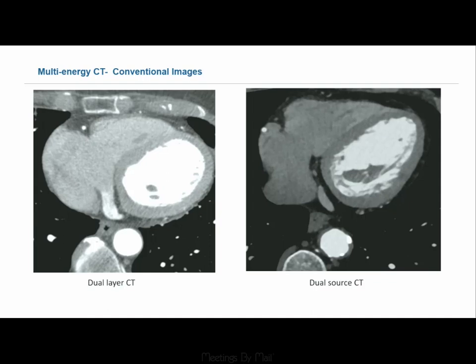For example, the dual source uses a blending of high and low energies at different levels, and they can generate a conventional image which looks exactly like your routine image. Whereas in a dual layer CT, because there are only 2 layers of detectors, those 2 layers are treated as essentially 1 layer, and that gives you a conventional image. The image quality is almost the same as your routine CT.